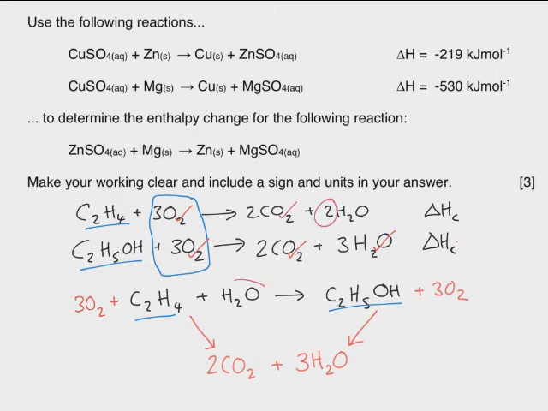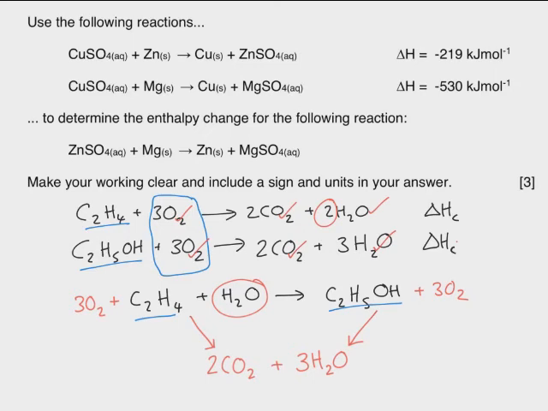Now I make 2 moles of water, but that's okay because there's already a mole of water on the left-hand side there. There's no energy change going from 1 mole of water to another mole of water. So 2 moles of water are made from the combustion. 1 mole of water was already there. So that kind of cancels out. It doesn't matter. It's the same as the oxygen.